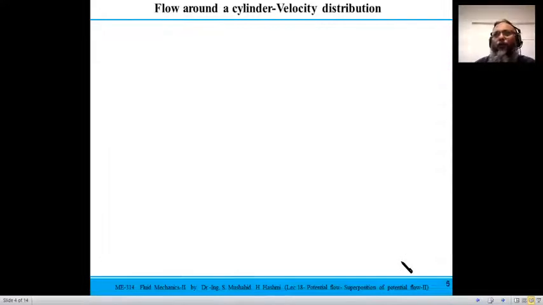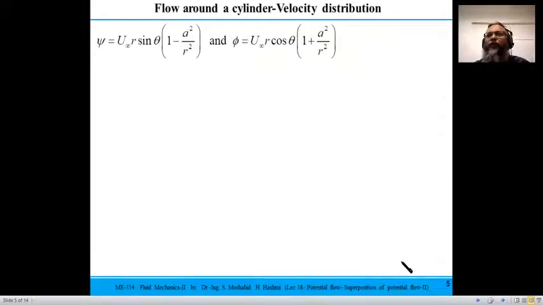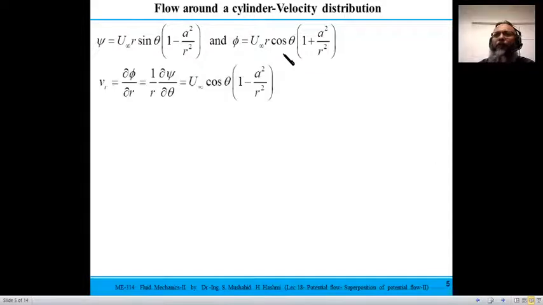If we are interested in the velocity distribution, and we have knowledge of both the stream function and the velocity potential function, then life is simple, because by differentiating phi with respect to r, we can easily get the radial component of the velocity, or vice versa. If you have a stream function, you differentiate it with respect to theta, and with 1 upon r, you will be able to get the radial component.